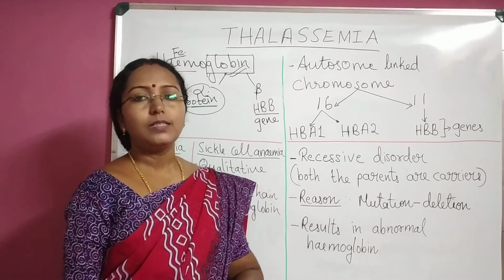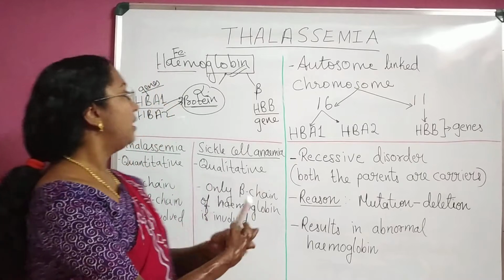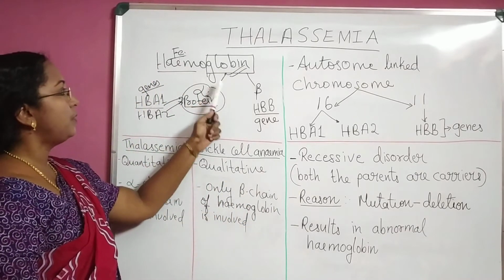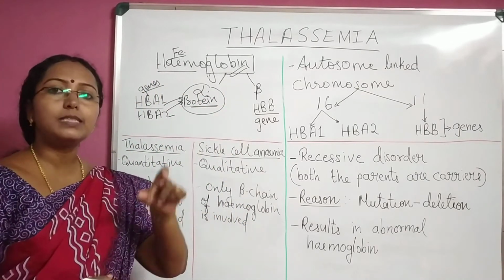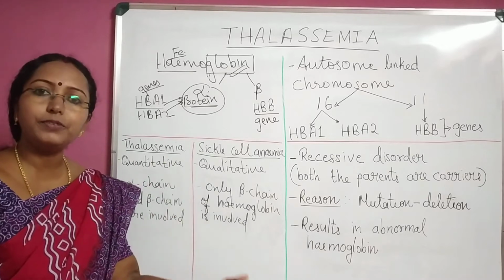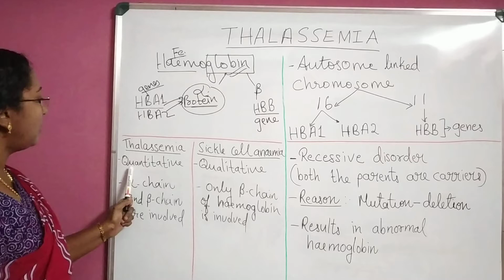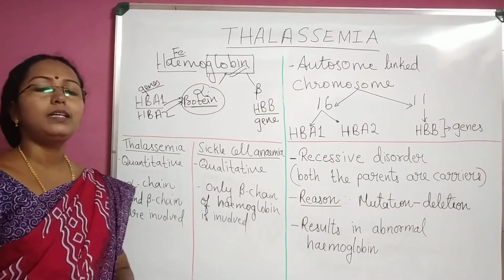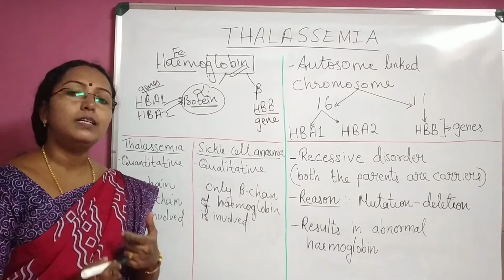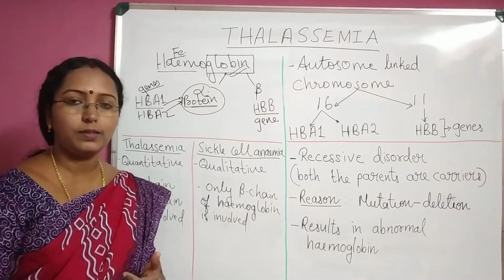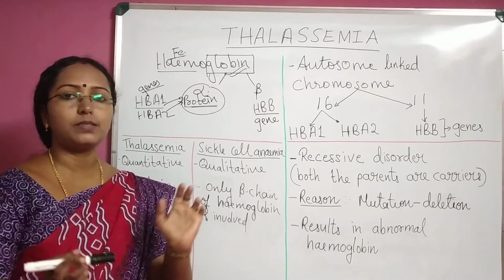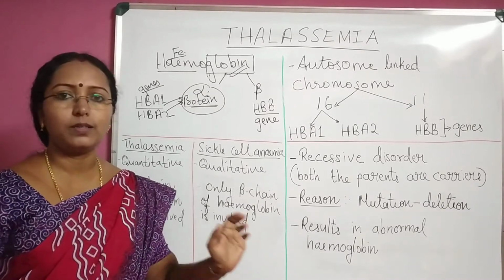So that means the amount of alpha protein or beta protein produced is less because the gene itself is not there. So we can say thalassemia is quantitative in nature. It is a quantitative disorder because the whole thing is not present. The protein is not present at all.